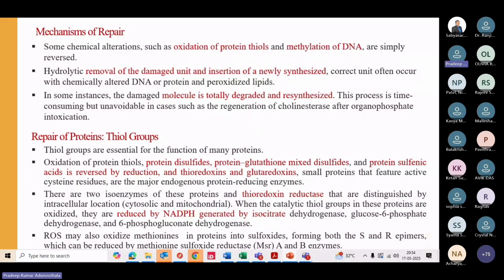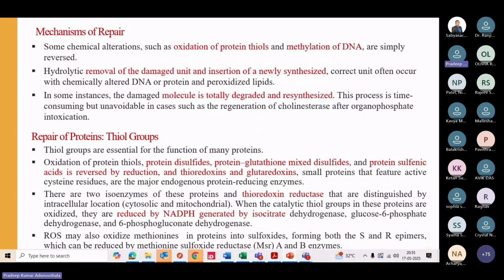Hydrolytic removal of the damaged unit: if any unit got damaged, it will be removed hydrolytically and newly synthesized, and correcting the unit often occurs with chemically altered DNA or protein and peroxidized lipids. So in some instances, the damaged molecule is totally degraded and resynthesized. This process takes much time, but in unavoidable cases such as regeneration of cholinesterase after organophosphate intoxication, that happens. That is an example of this.